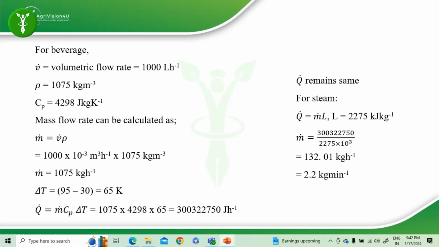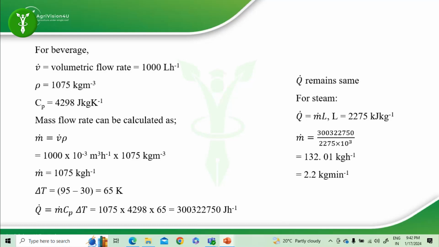So 1000 into 10 raised to minus 3 multiplied by 1075, we get the mass flow rate as 1075 kg per hour.